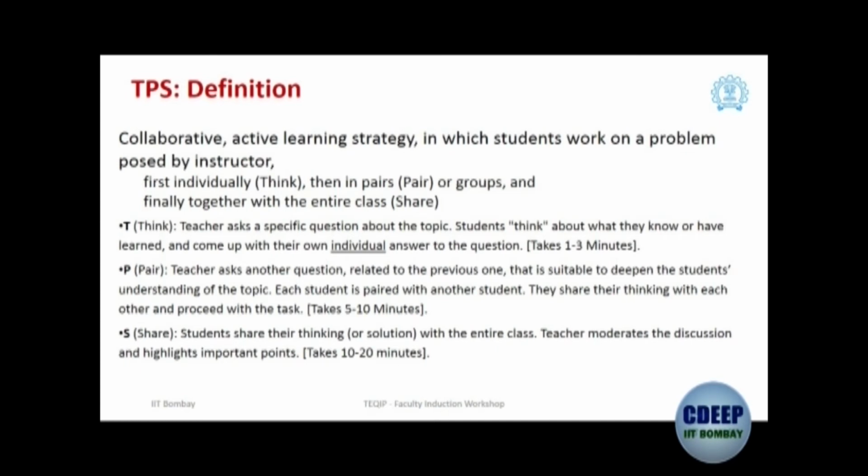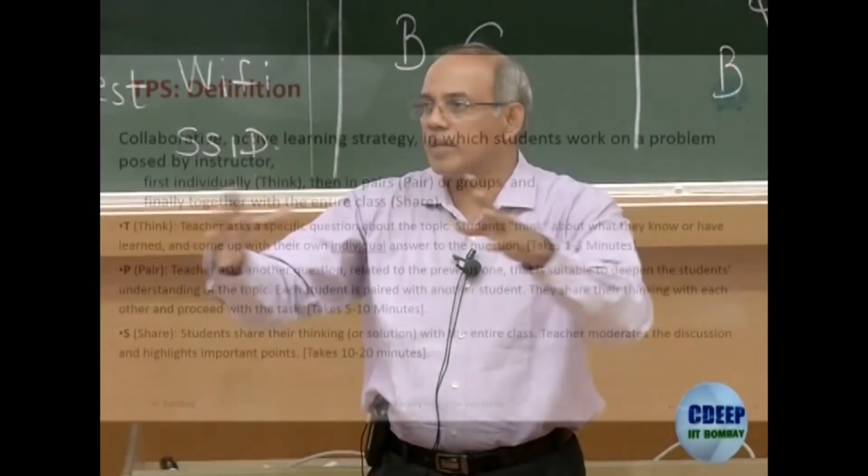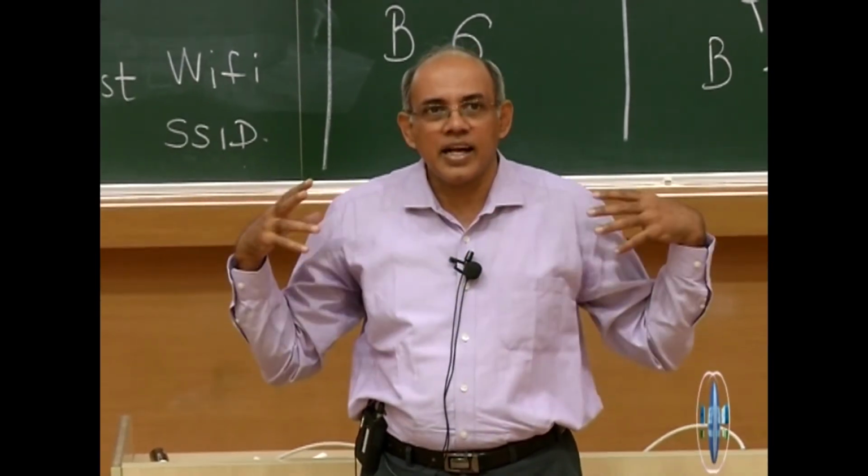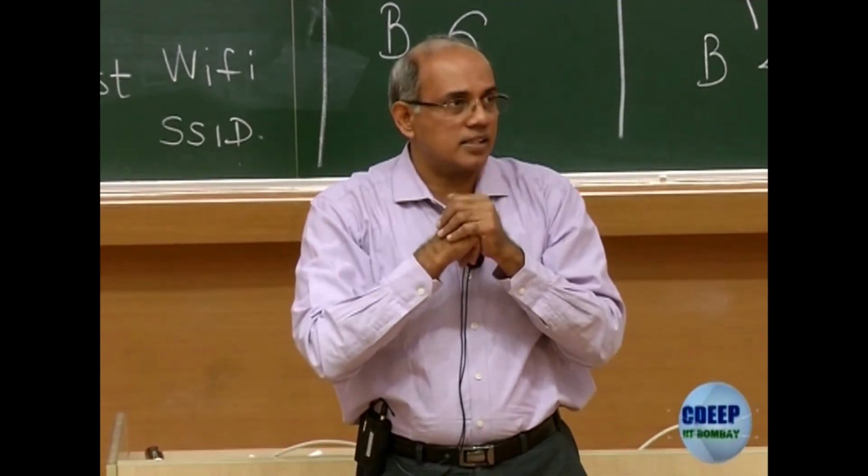The teacher asks a specific question and students have to think and write their own answer. You had 2 things in which to do think, pair, share already. One was the graph and the other was what changes from the 20th century to the 21st century. Any topic you can take and create a think, pair, share activity out of that, and it will ensure that the entire class is engaged.